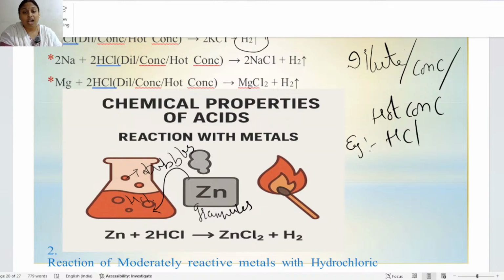And then, how will that be identified? If we bring a burning matchstick near the mouth of the test tube, it will give a pop sound. Along with the pop sound, the flame will be put off.